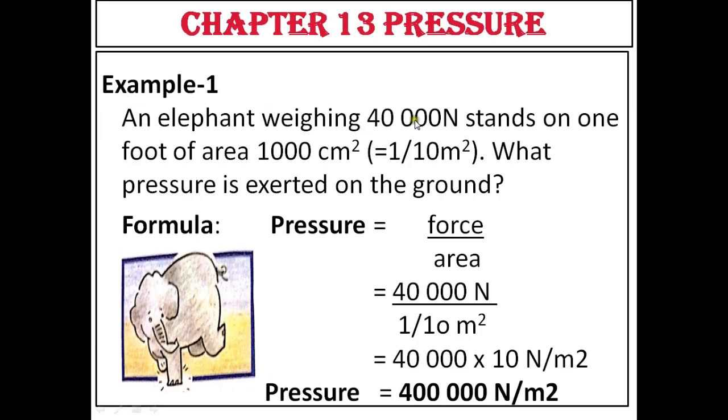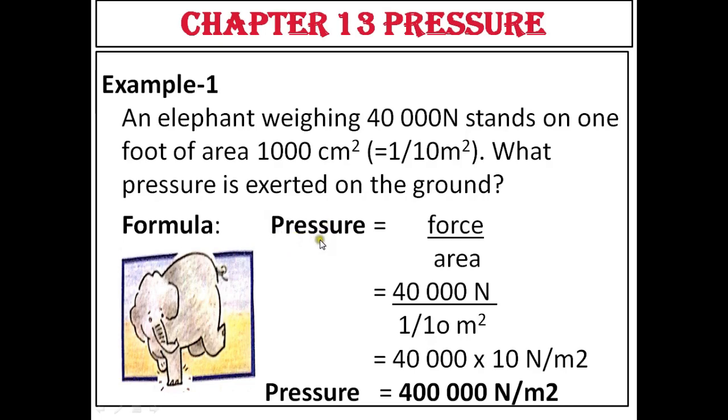An elephant weighing 40,000 newtons stands on 1 foot of area 1000 centimeters square. We are going to convert this 1000 centimeters square to meter square, so it will be equal to 1/10 meter square. What pressure is exerted on the ground? We have to find the pressure exerted on the ground.